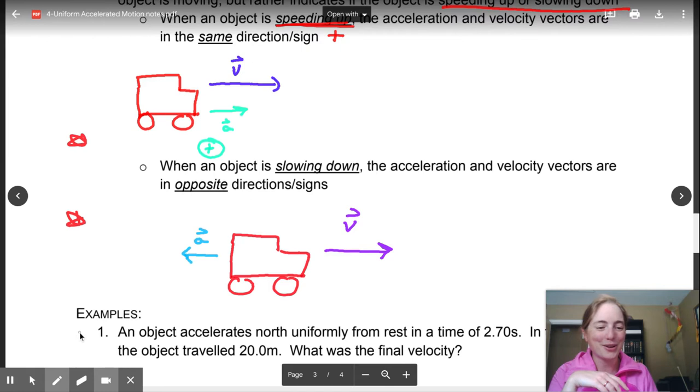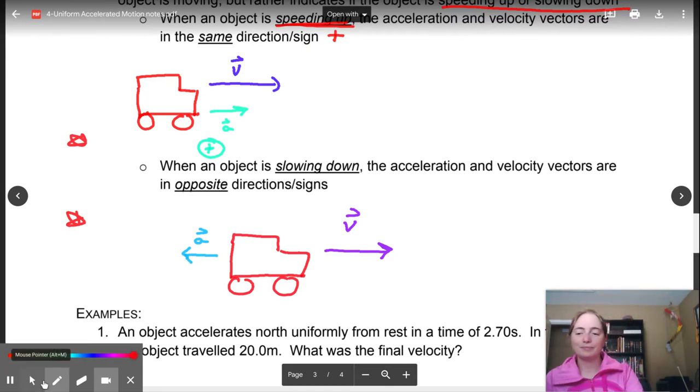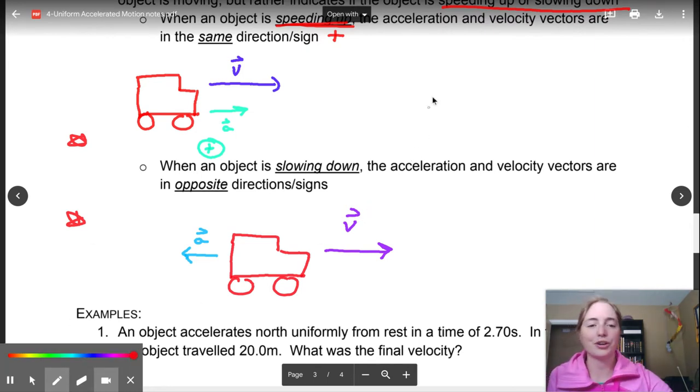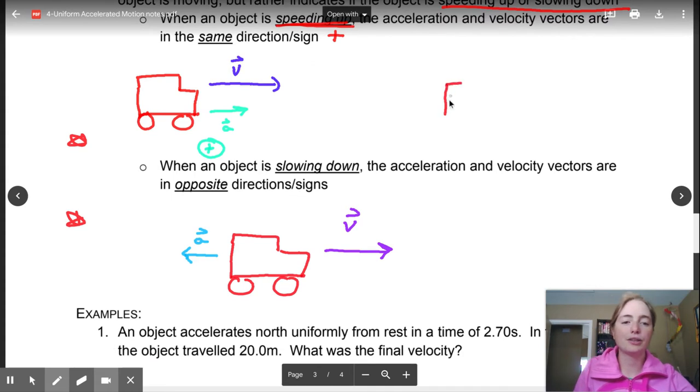Okie dokie. All right. So, ladies and gentlemen, we can also think about this in a couple of different ways. Remember how we talked about how east is most of the time positive and north is most of the time positive and west and south are most of the time negative? Well, the thing about acceleration here is, these are bits that we don't often use, but I'll still talk about them anyway. So here's another vehicle. We're going to assume they're not on a collision course here.